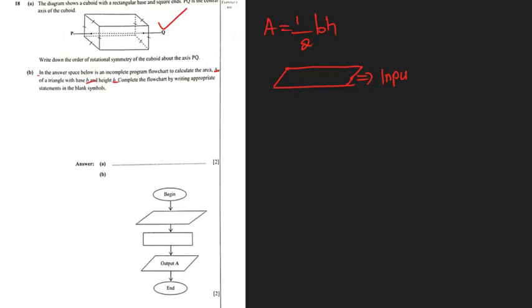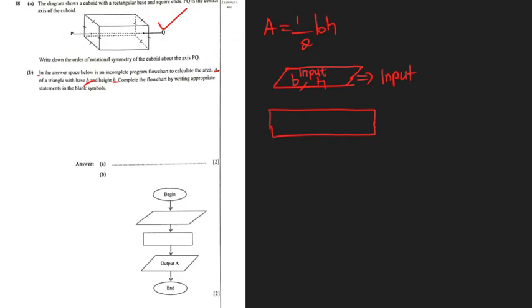Okay? So you can start your program. What do you say? You input your base, comma, H. Then you have a rectangle. What do you put in the rectangle? The formula. So the trapezium is for input. The rectangle is for a formula. So now how do you write the formula?